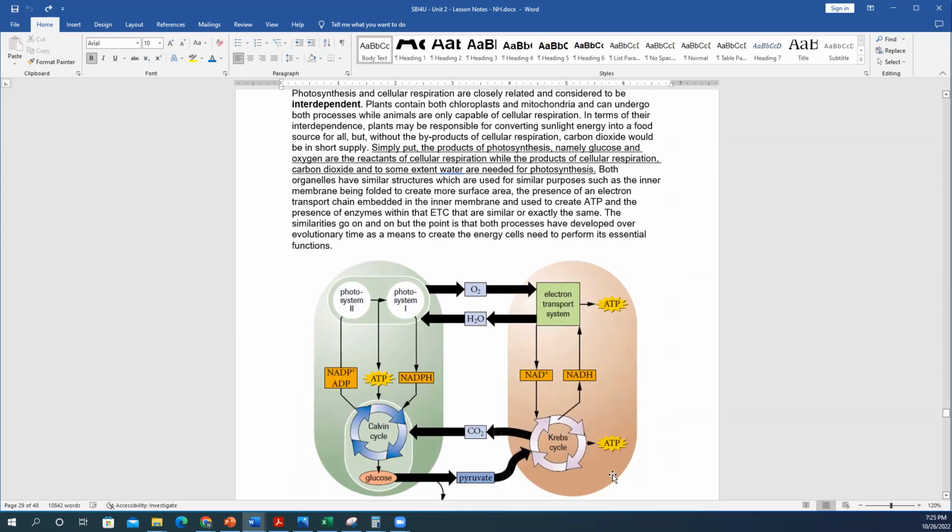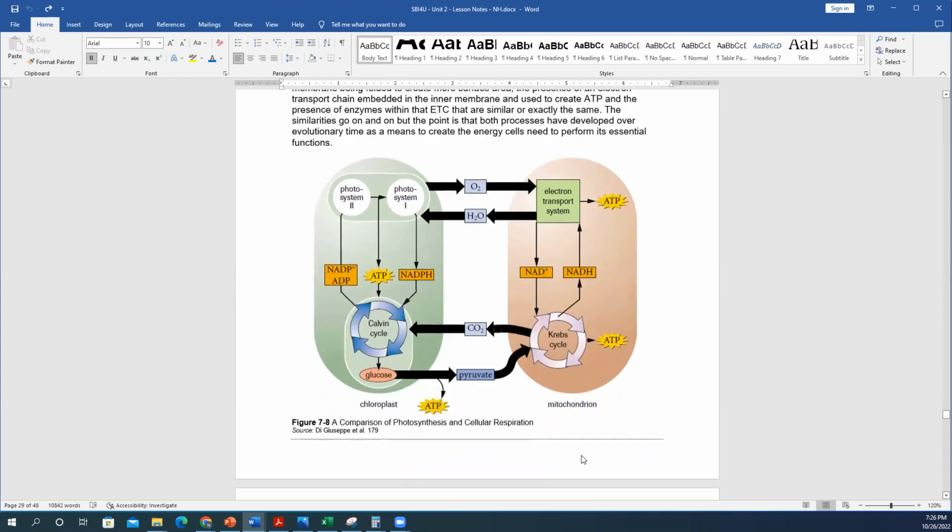In plants, you have photosynthesis and cellular respiration happening. And obviously, we are not photoautotrophs. We are not able to carry out our photosynthesis. So we have to get our glucose through consuming plants that have glucose, and use that to feed our cellular respiration process and to feed our mitochondria.